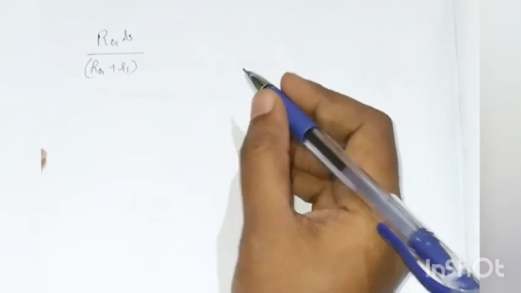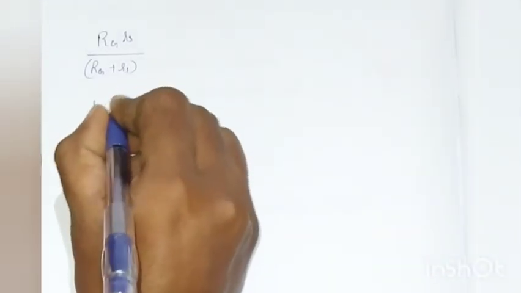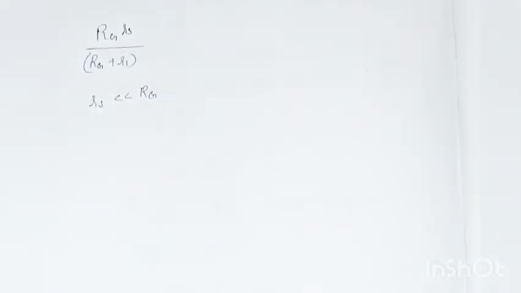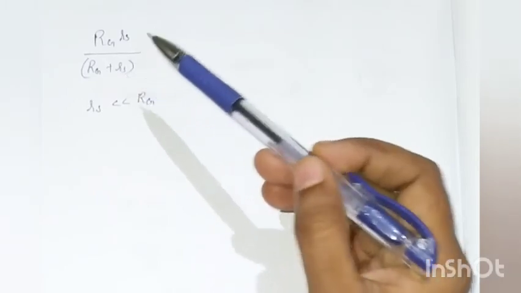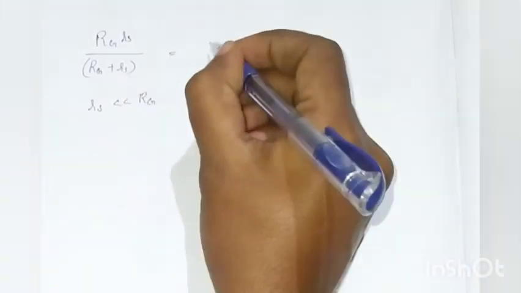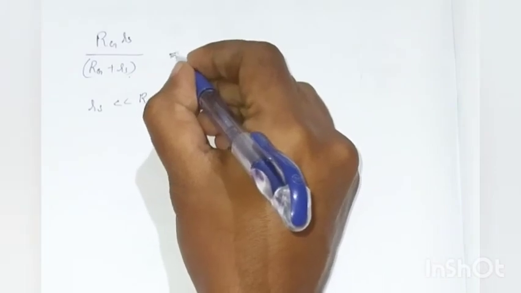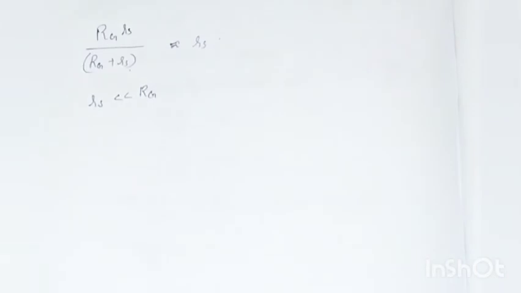And we have already mentioned that the shunt resistance is very small, that is, Rs will be very much smaller than Rg, which makes Rs negligible in the denominator, and thus we obtain the total resistance of this arrangement to be approximately equal to Rs.